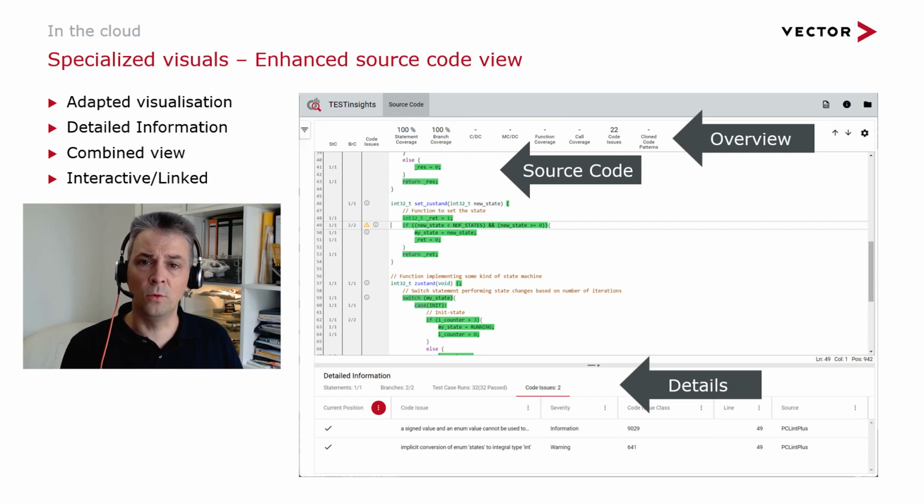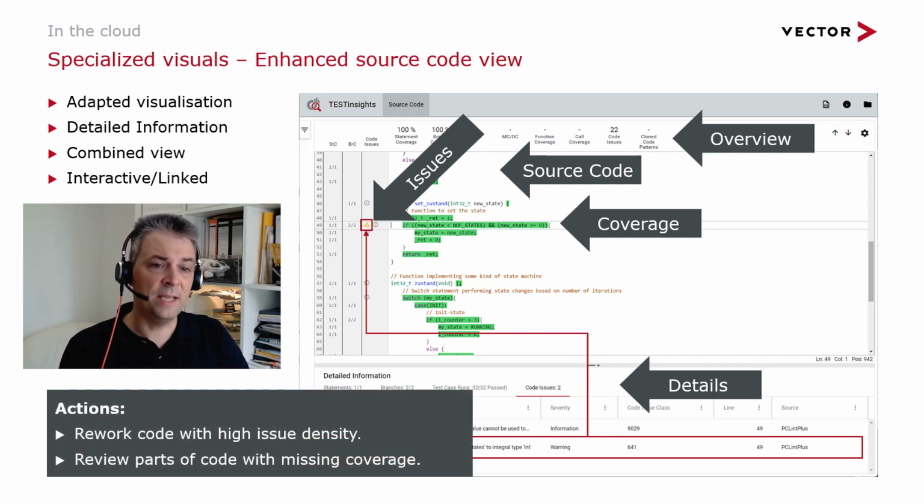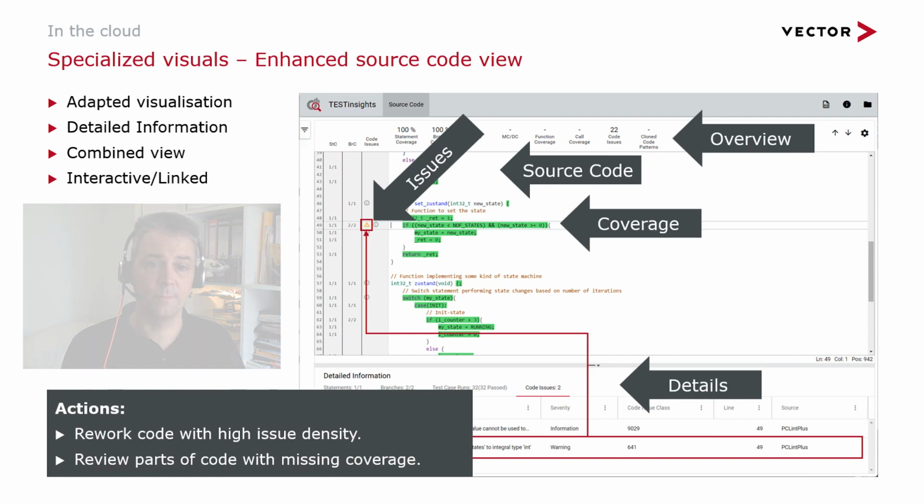This source code view is overlaid with additional information like the coverage information and issues. The issues are linked, so if you click on the details, you will go directly to the location in the source code. This gives us the information related to the source code, and then we can take actions like rework the code with high issue density or review the parts of code with missing coverage.